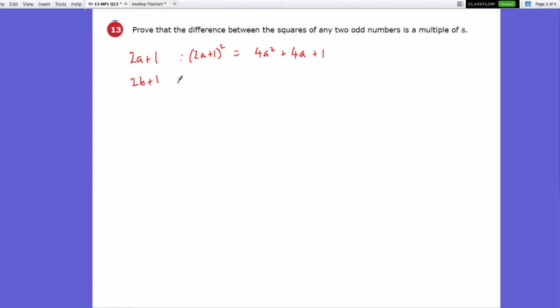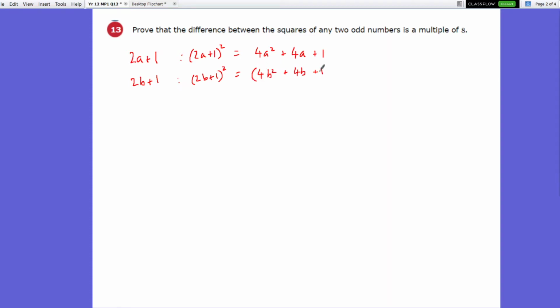And likewise, if we square the second odd number, we're going to get a similar expansion, which is going to be 4b squared plus 4b and plus 1.